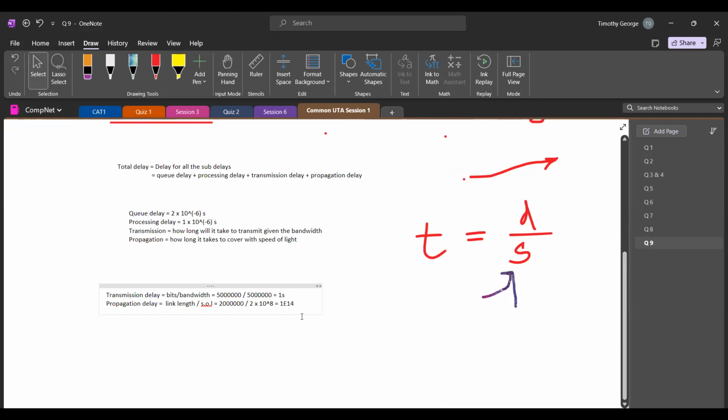So we get this very big value. Wait, let me write it down. So 2 and 8 zeros, 1, 2, 3, 4. How much would this be? Yeah, that's the answer.